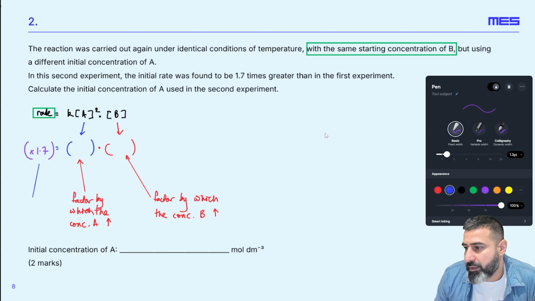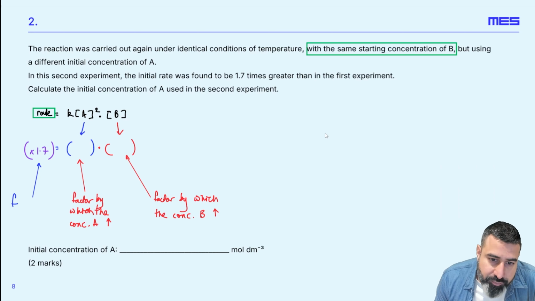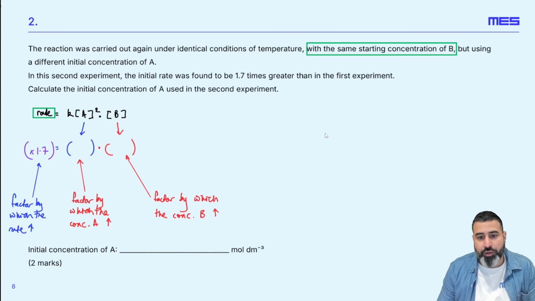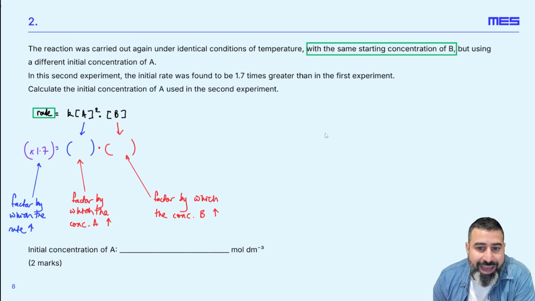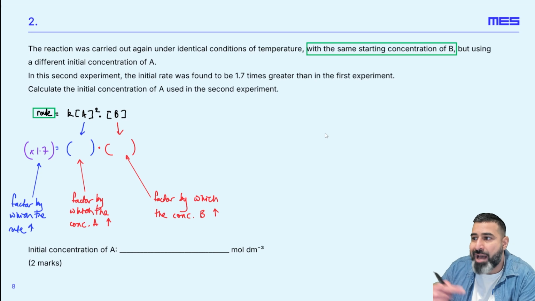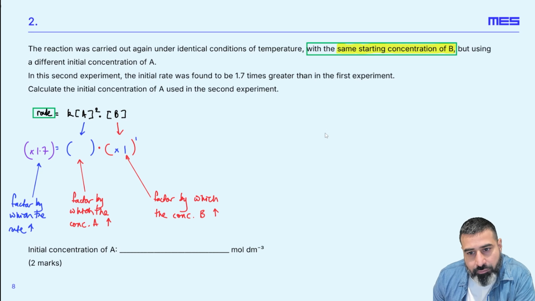So what we're saying here is the factor by which the rate increased. Okay, so now we can start looking at the changes we've made to the concentration of A and the changes we've made to the concentration of B. What factors have we increased those by? So we haven't changed the concentration of B. We've got the same starting concentration of B. So we've kept that constant. So let's just say we've times it by 1, raised to the power of 1.